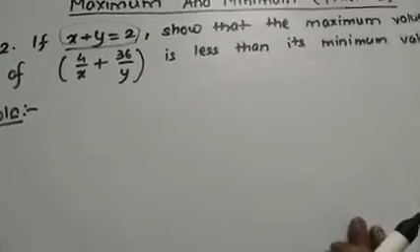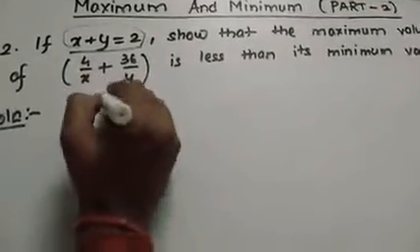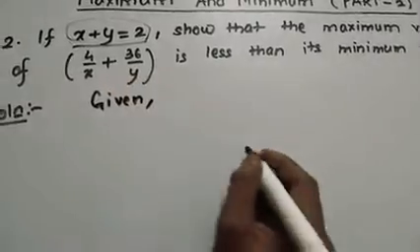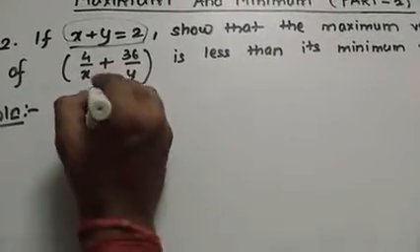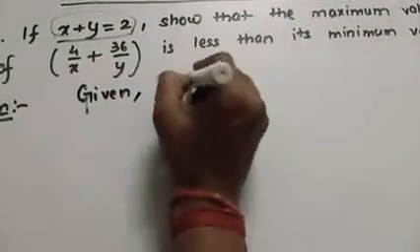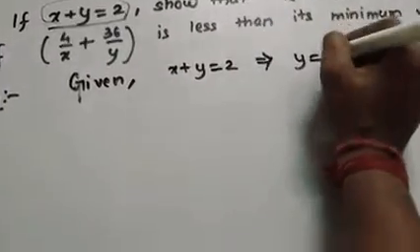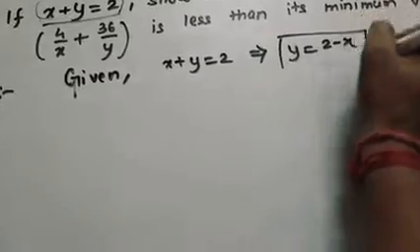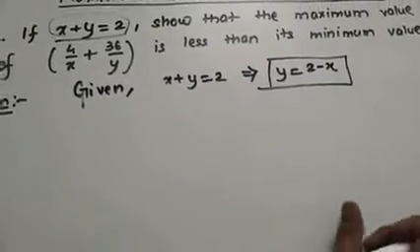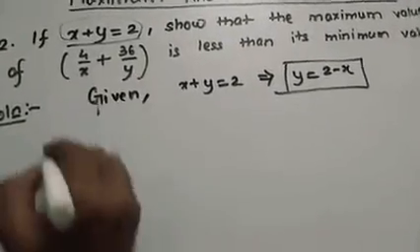So let's start. Given x plus y equals 2, that implies y is 2 minus x. We will use that. Suppose this function has a new variable.